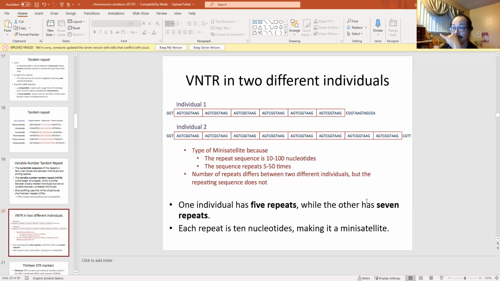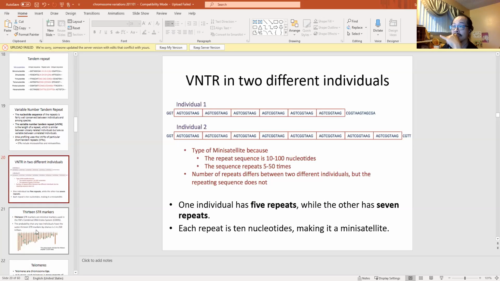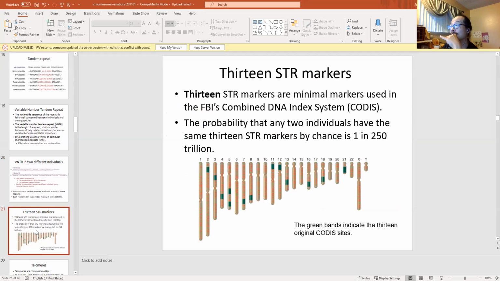We can have how many STR? The FBI uses 13 STR. So this is the chromosome, and they use these autosomal chromosomes. We now have a very robust technique to cut these repeats.